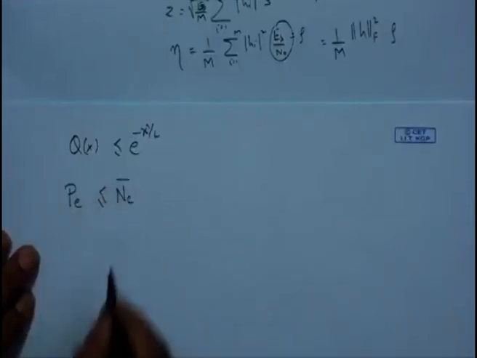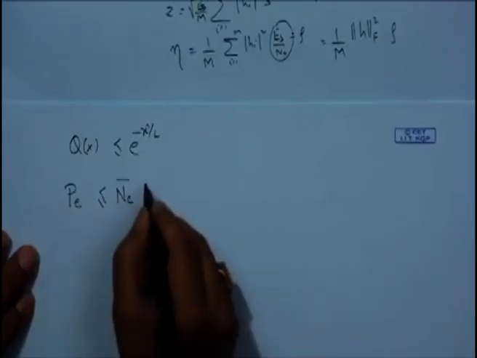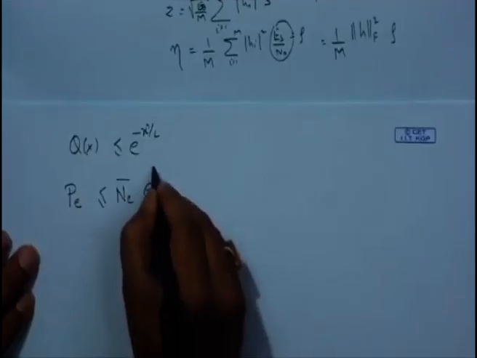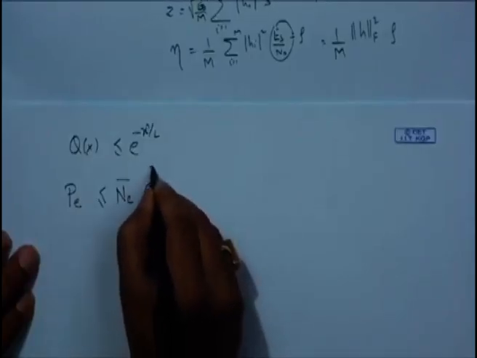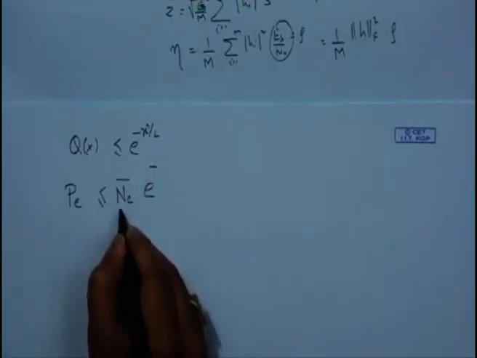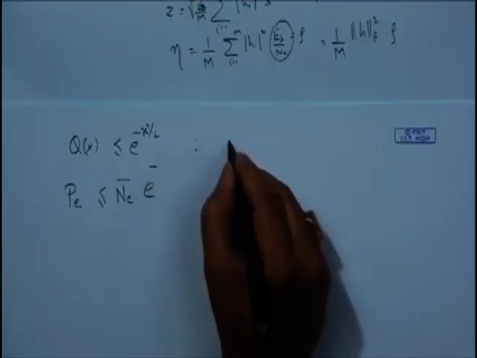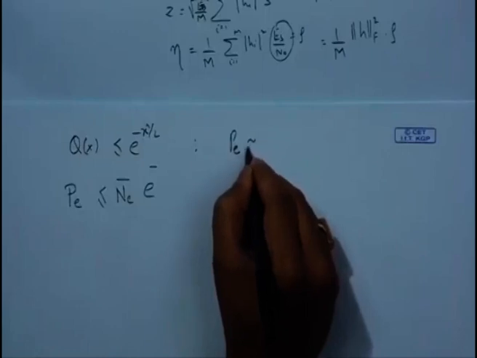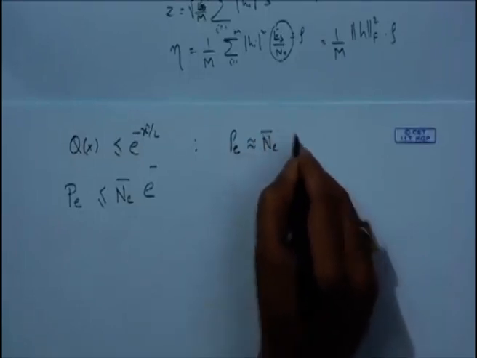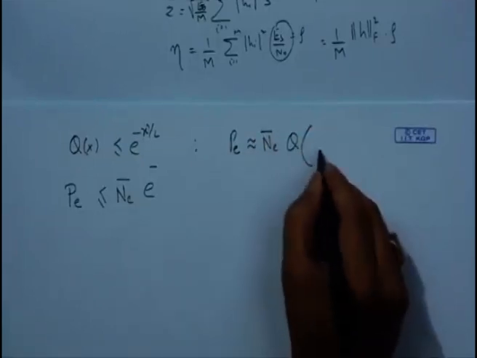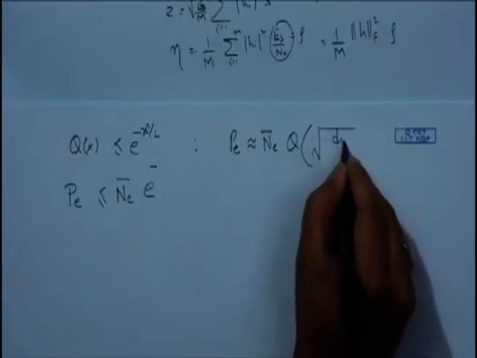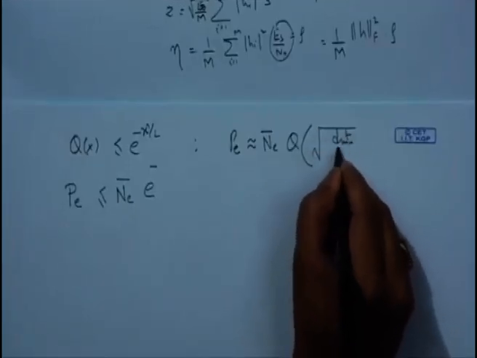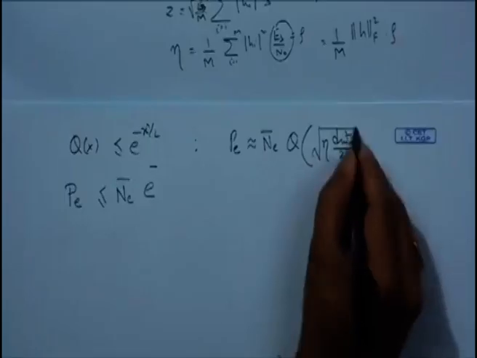This is another approximation for error probability, but if you look at the expression, it's pretty similar to what we have. N_e bar effectively means the probability of error is approximately equal to N_e bar times Q of root over d_min squared by 2 times eta.